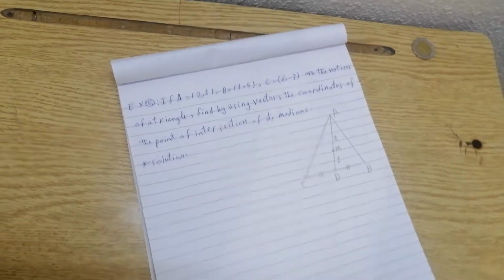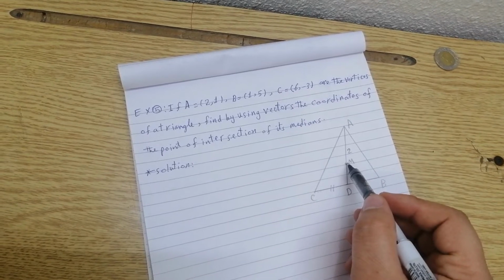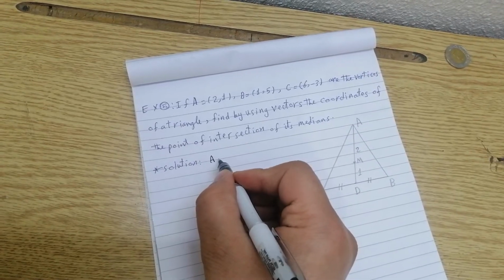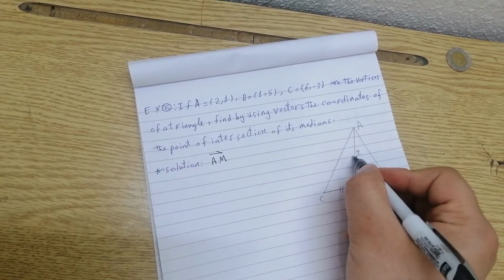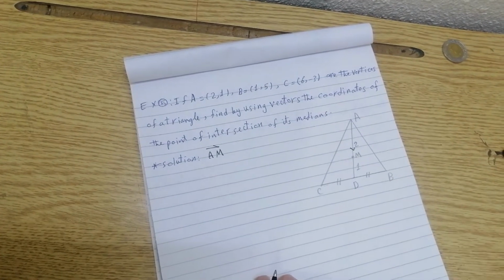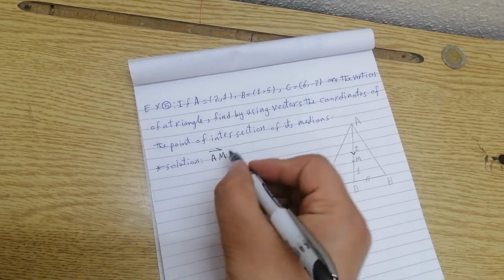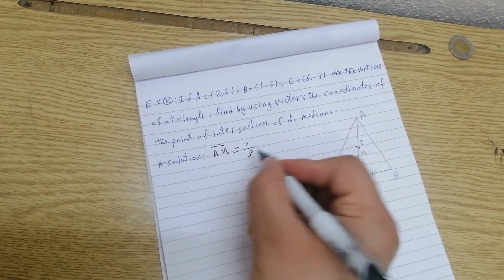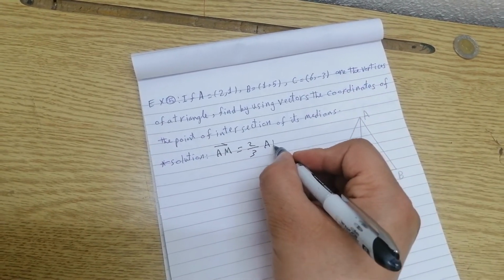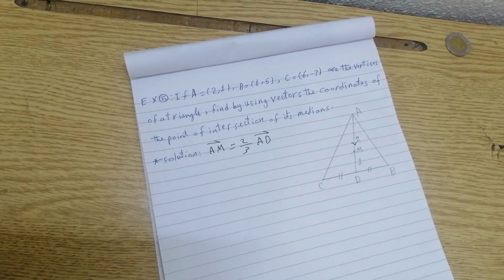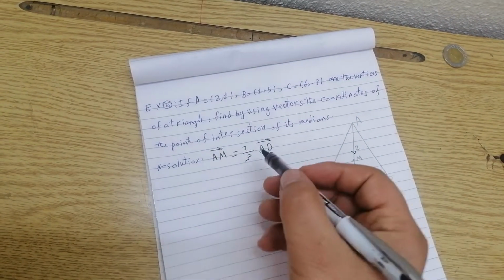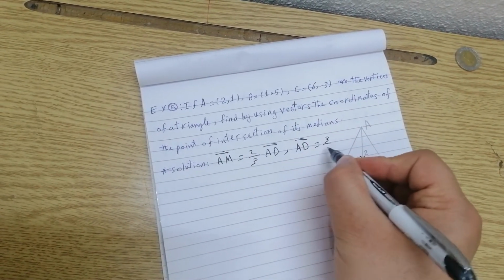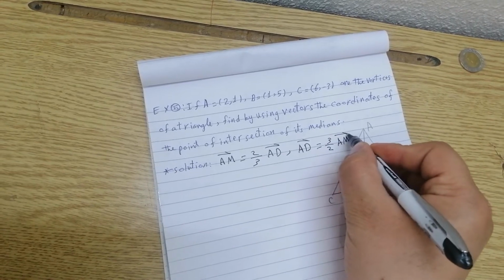Firstly, we have the point M. AM as a vector equals 2/3 AD, as a median. So we can get AD equals 3 over 2 AM vector.